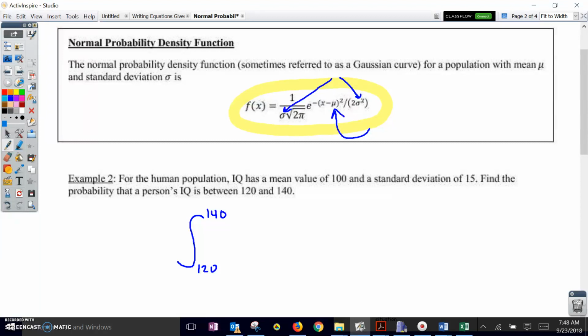The first portion of this I can leave out in front since it doesn't contain the variable x. So I'm going to have 1 over sigma, which is 15, times the square root of 2 pi. And then my integrand here is going to be e to the opposite of x minus mu, where mu is 100 here, squared, over the quantity 2 sigma squared.